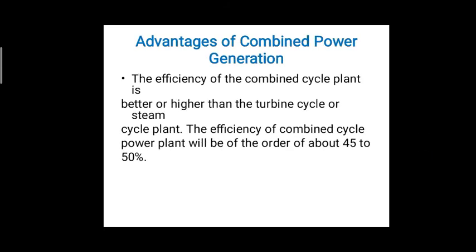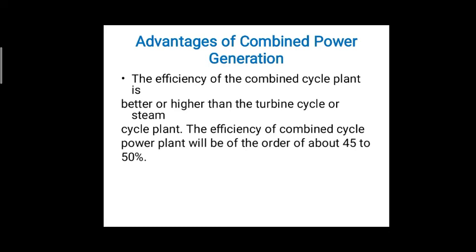So now we are going to see the advantages of combined power generation. The efficiency of the combined cycle plant is higher than the gas turbine cycle or steam cycle plant. The efficiency of the combined cycle power plant will be of the order of about 45 to 50 percent.